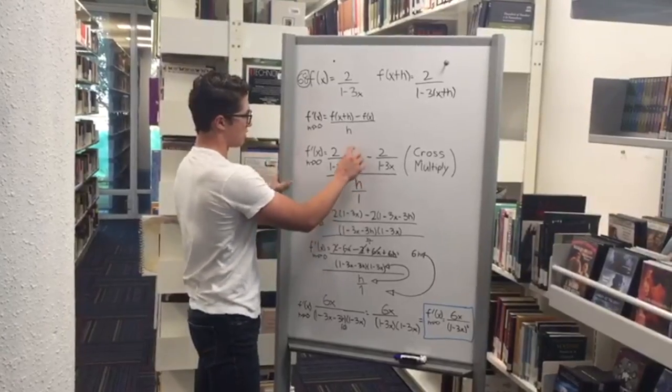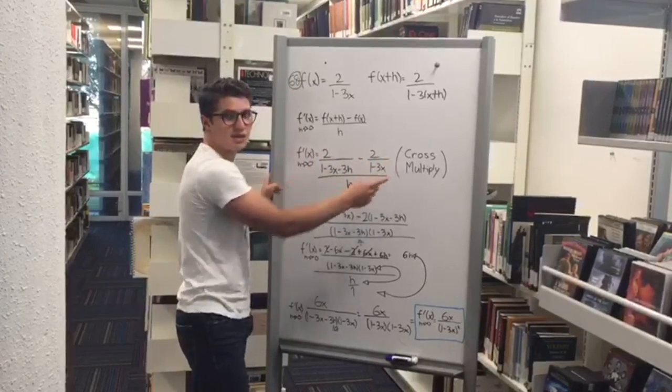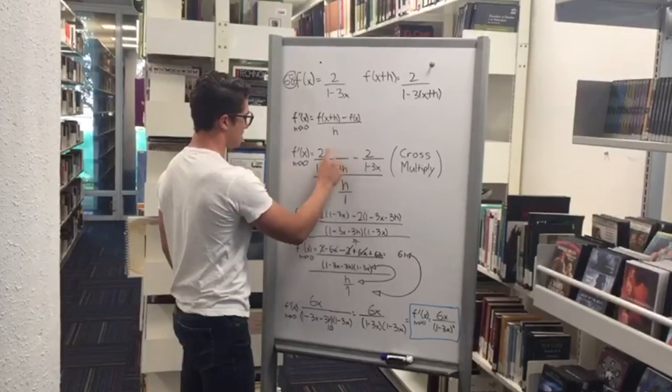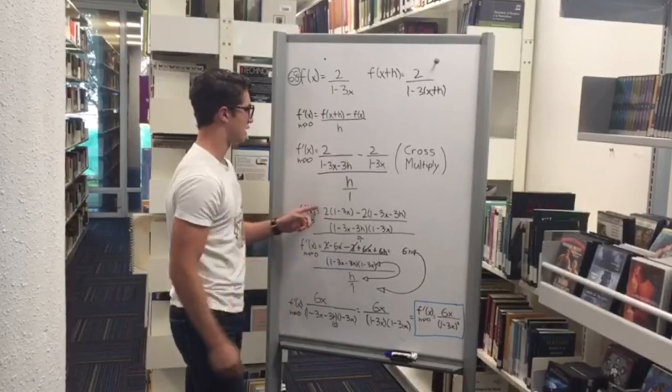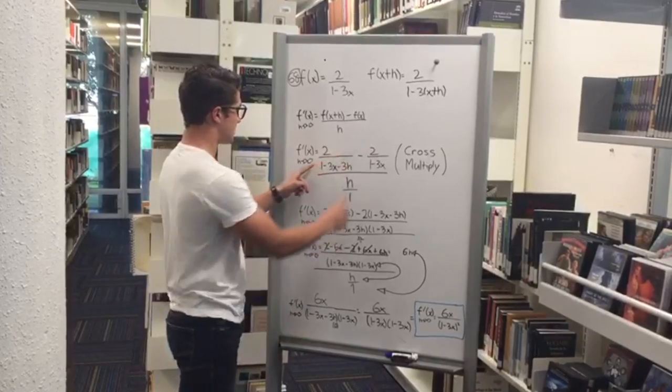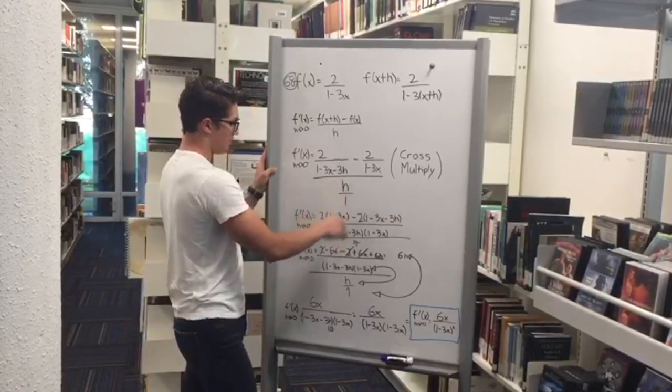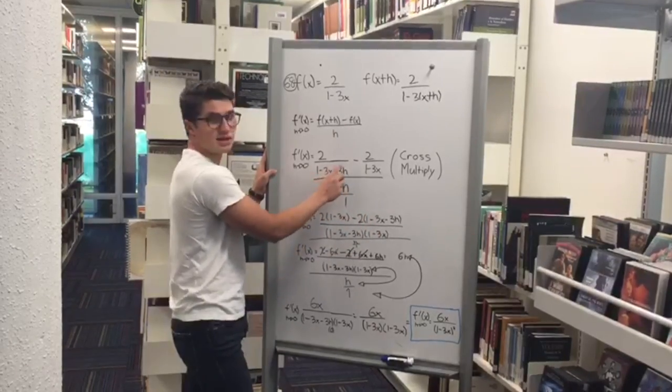Now, once we get here, we need to cross multiply for us to get the same denominator. So 1 minus 3x times 2, which we get right here, minus 2 times 1 minus 3x minus 3h. And now on the denominator we are going to combine these two.